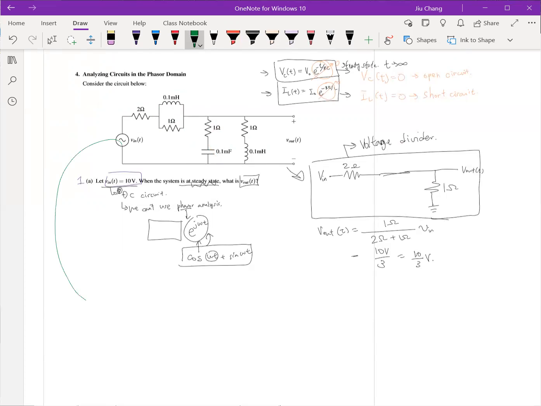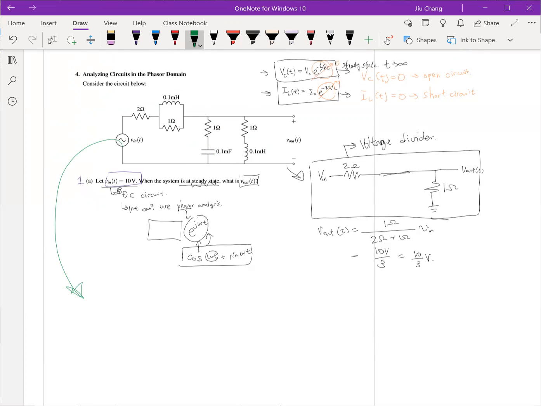So we will now simplify this and then put everything into impedances. Well, let's convert everything into impedances first and then simplify it.